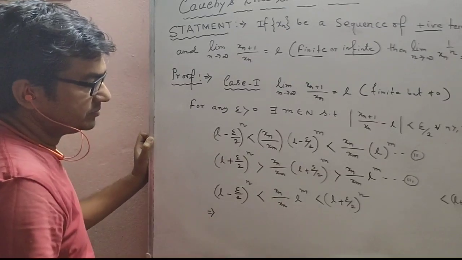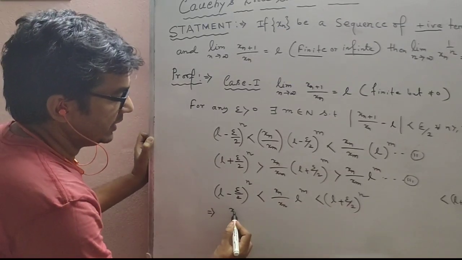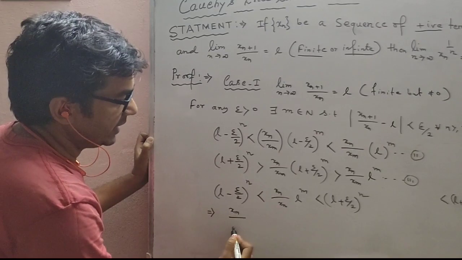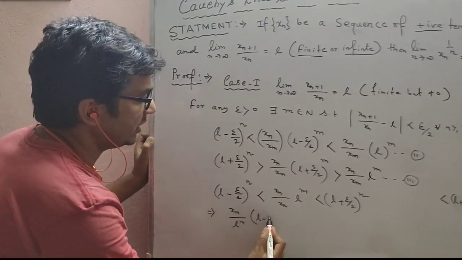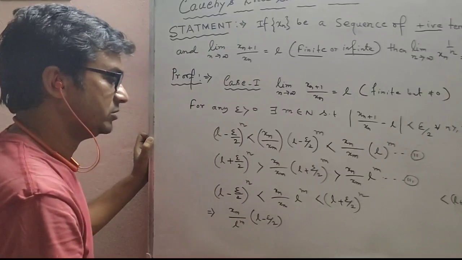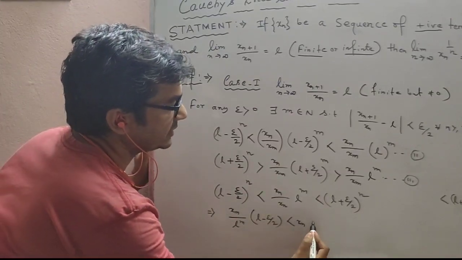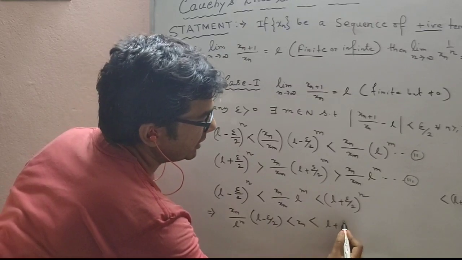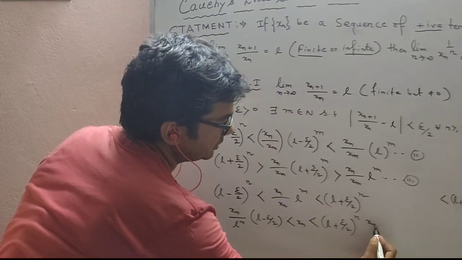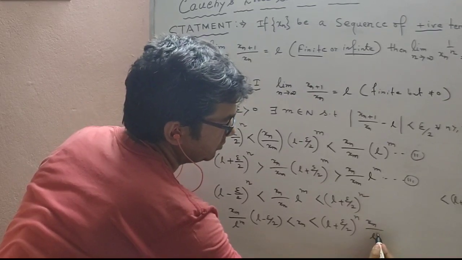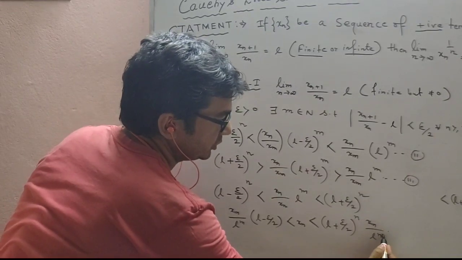This implies xm by L to the power m into L minus epsilon by 2 to the power n less than xn less than L plus epsilon by 2 to the power n into xm by L to the power m.